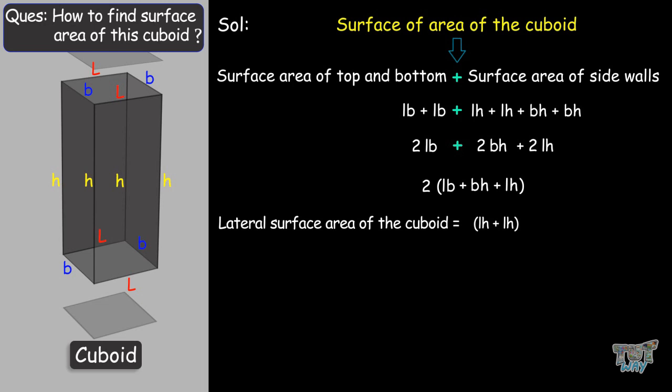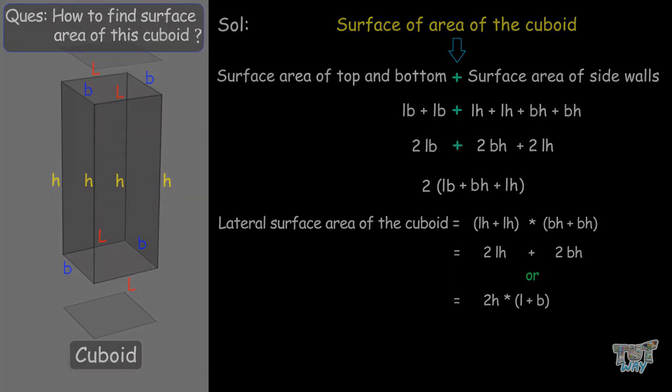Then you will do BH plus BH. So it'll be 2 times length times height plus 2 times BH. You can take 2H as the common factor, and inside you have L plus B. So 2H multiplied by L plus B. This is the formula for the lateral surface area.